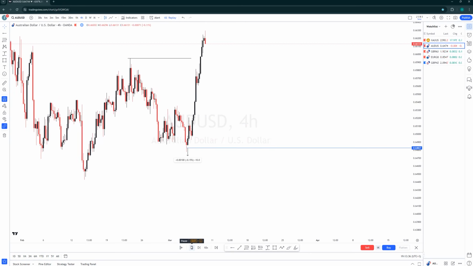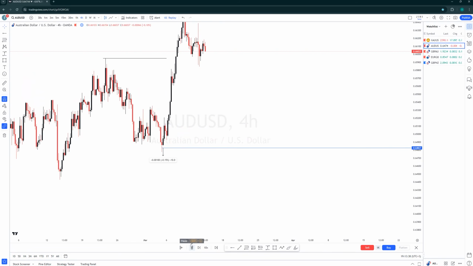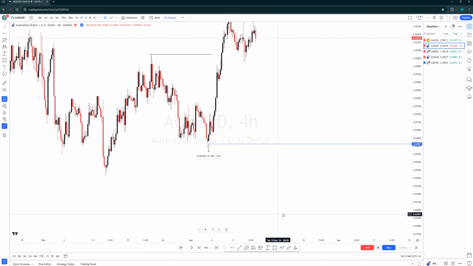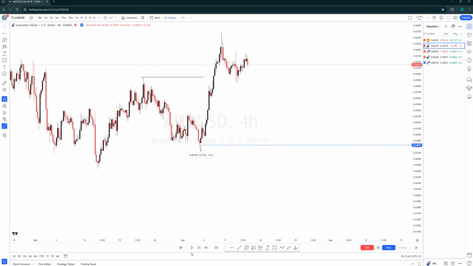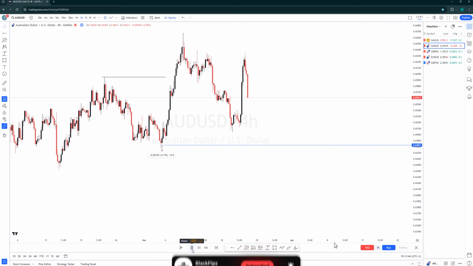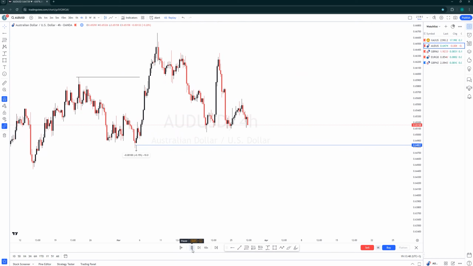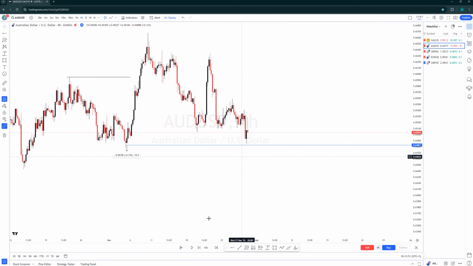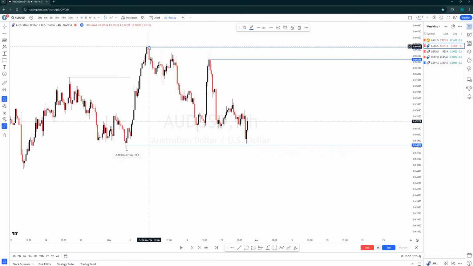The market went up after taking the first entry at this point, and after going up like that, the market came down again. And as you can see, if the market took our entry here, the first take profit will be here, the second take profit will be at this high here.